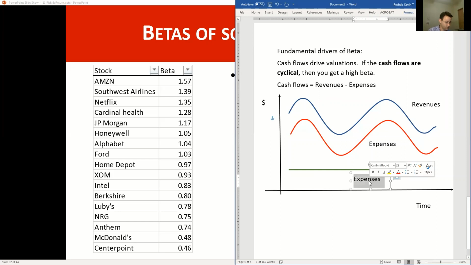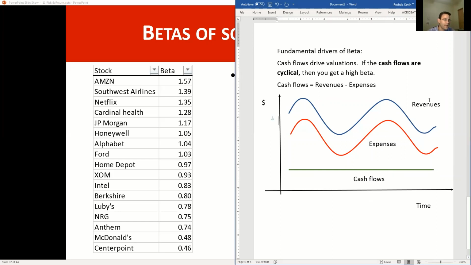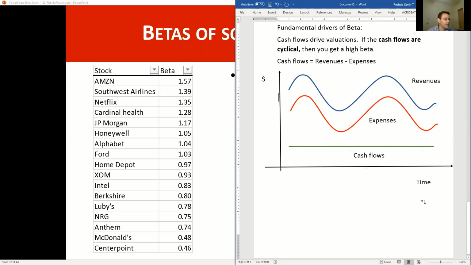Labeling this here. So it's not necessarily enough to have cyclical revenues. If you're able to cut your costs when things are bad, if you have high variable costs that you can cut when things are bad, then you can flatten your cash flows. And now your cash flows don't have much risk because revenues and expenses are moving one for one. So that means that we've got kind of two things to consider.